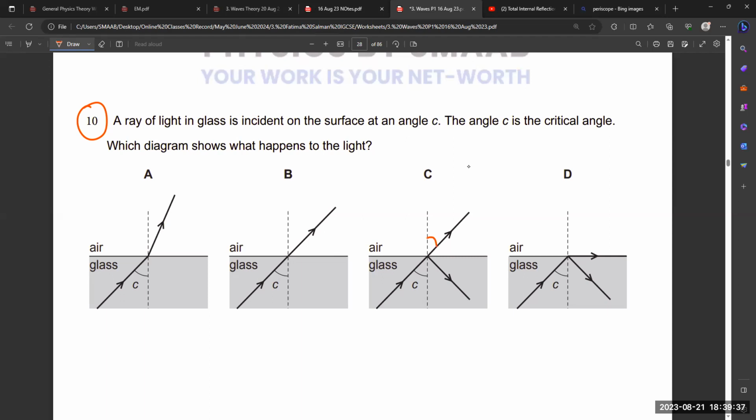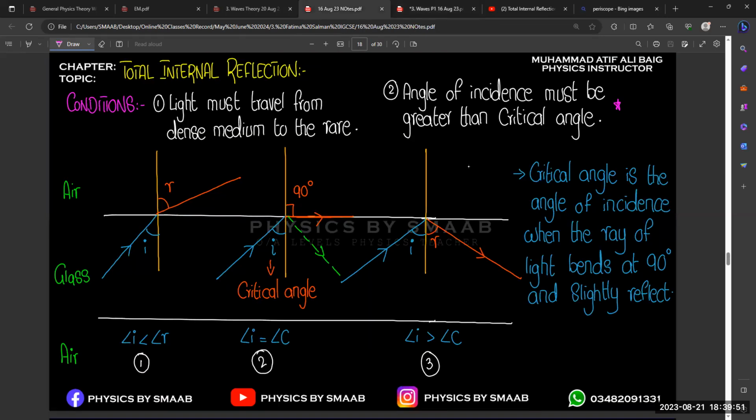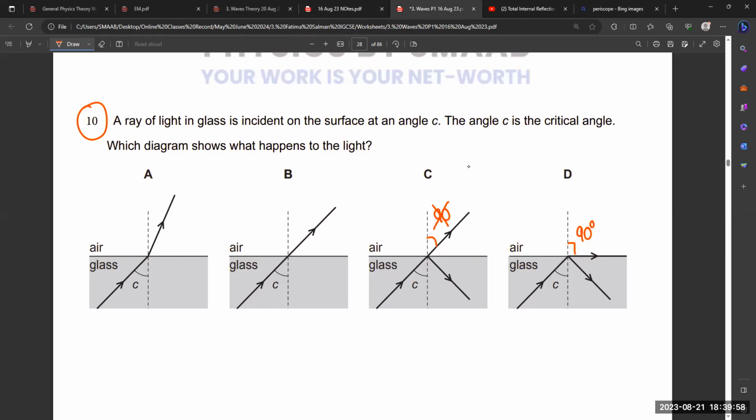So this angle is not equal to 90 degrees. That's why we choose option D, because in option D light is refracting at 90 degrees, and that diagram is just like the one we drew in figure number 2 in our notes, right? So D is the right answer. And in options A and B, there is only refraction. So that is not possible. Okay.